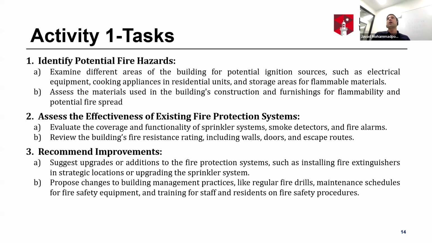Or maybe you found that the personnel are not qualified enough, so you can recommend training them again or running additional training sessions for those people. So it's a very simple risk assessment, for example, for a high risk building. And we have another type of this activity later.